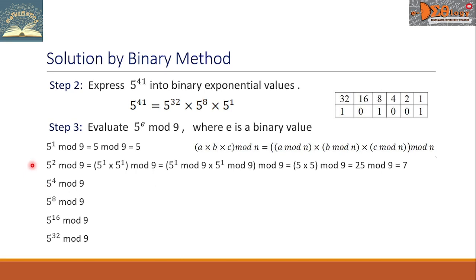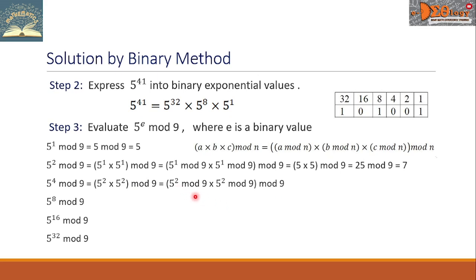Considering our previous step, we can write this 5 raised to 4 into 5 square times 5 square, then mod 9. Using our identity, we can express this into 5 square mod 9 times 5 square mod 9, then mod 9.